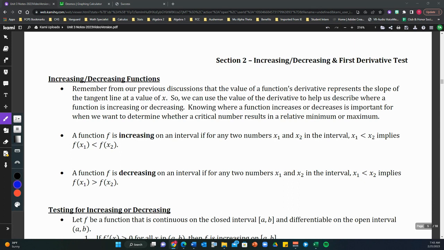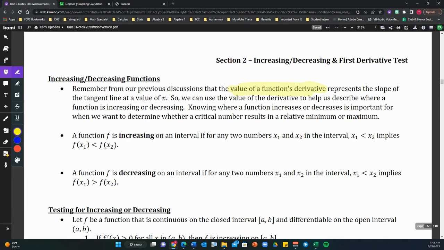To begin, we're going to look at being able to describe whether a function is increasing or decreasing on a given interval. If you remember from our previous discussions, the value of a function's derivative represents the slope of the tangent line at a particular value of x.